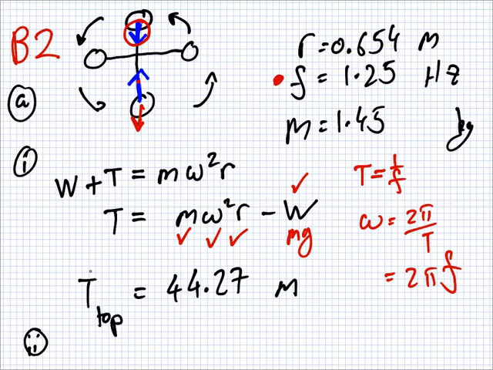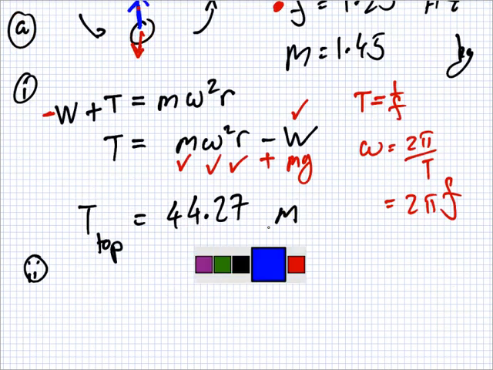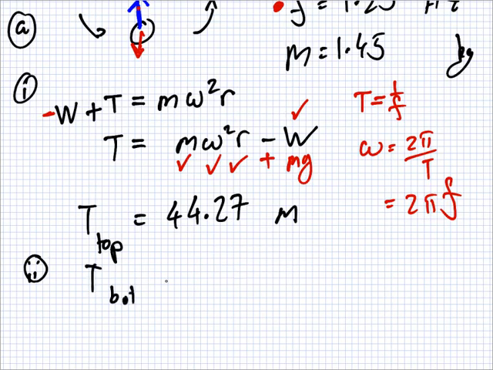So it's exactly the same, except instead of plus W, it's minus W. So I barely have to change anything except the plus on the calculator. And for this part, I get T bottom equals 72.72 newtons.